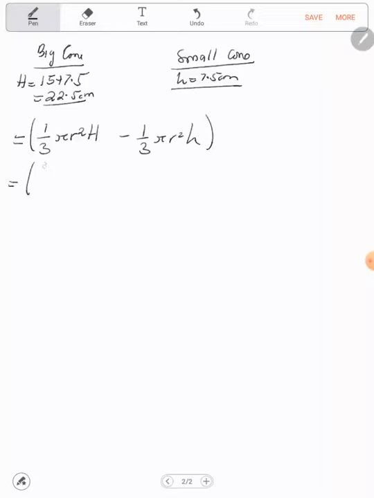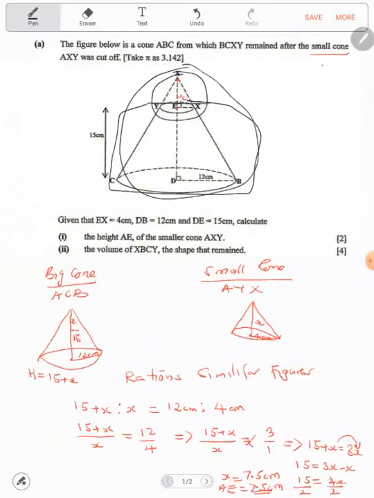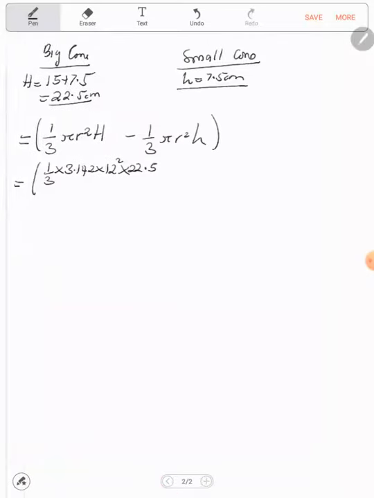So this is one third, and remember pi has been given as 3.142. The radius for the big cone is 12, so 12 squared times the height 22.5. Let's confirm, the radius is 12, that's true.